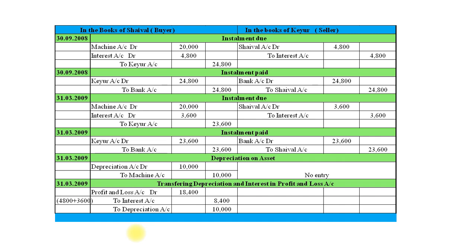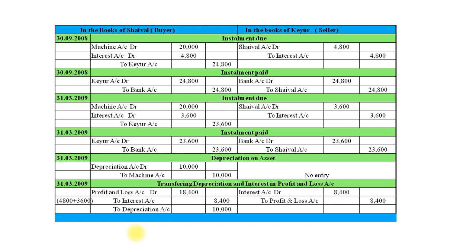And in the books of seller, the journal entry will be interest account debit to profit and loss account 8,400. Okay, so here we have completed the first year 2008-09.